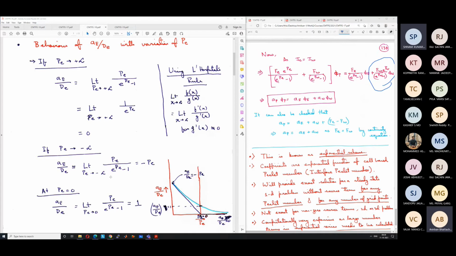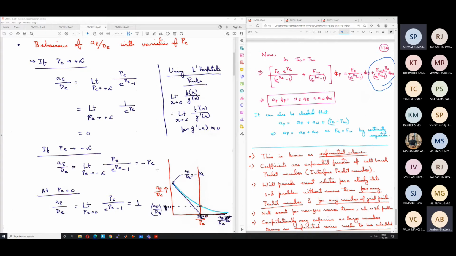So as P tends to minus infinity, e to the power P is 0, because e to the power of a very large negative number tends to 0. So it is just P by minus 1, so minus P. A by D is equal to minus P.